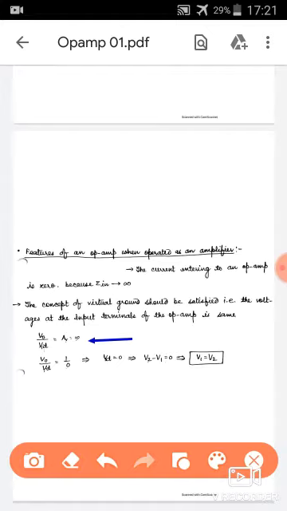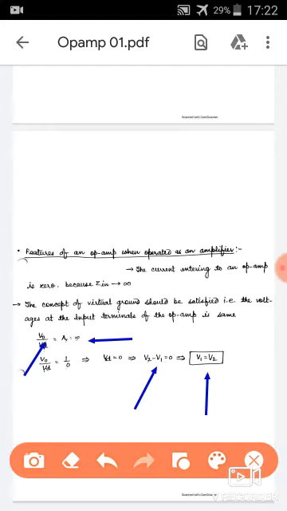And what is voltage gain? It is the output voltage upon input voltage, so we have written V0 upon VID. This VID is the difference of input voltages V1 and V2, hence VID is V2 minus V1, and it goes to 0. V2 minus V1 equals 0, that means V1 equals V2.